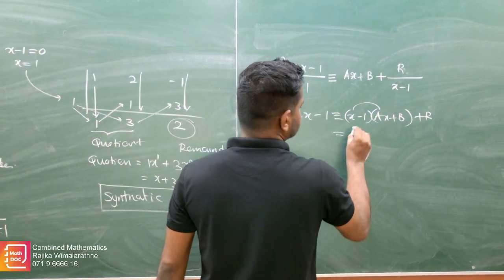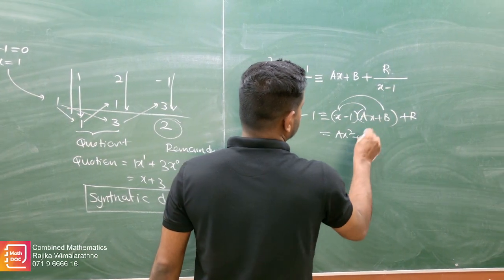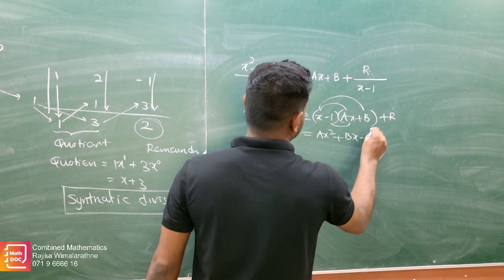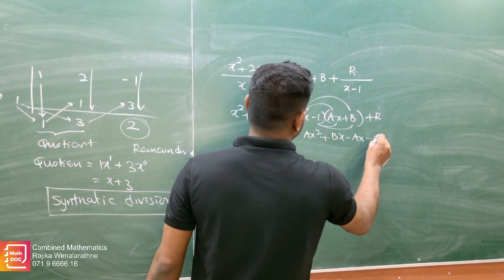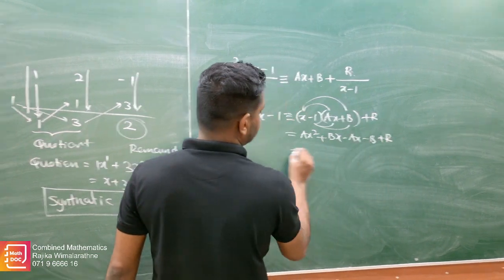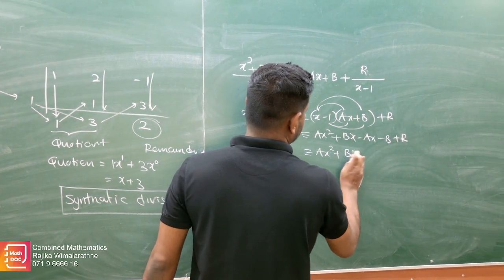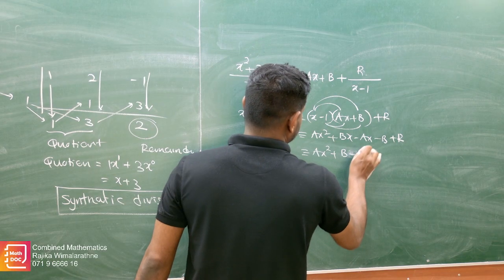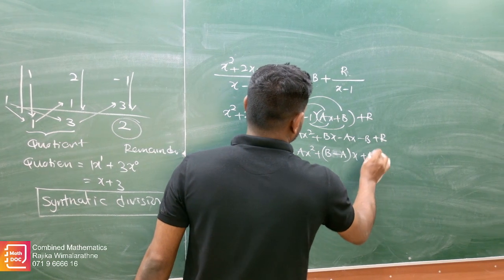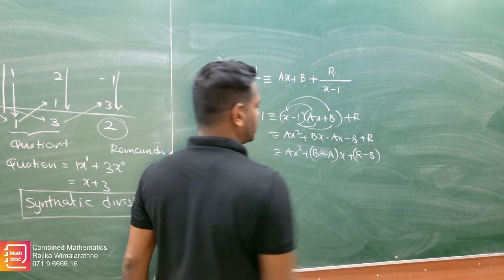Expand: ax squared minus ax plus bx minus b plus r. Arrange the terms together: ax squared plus (b minus a)x plus (r minus b).